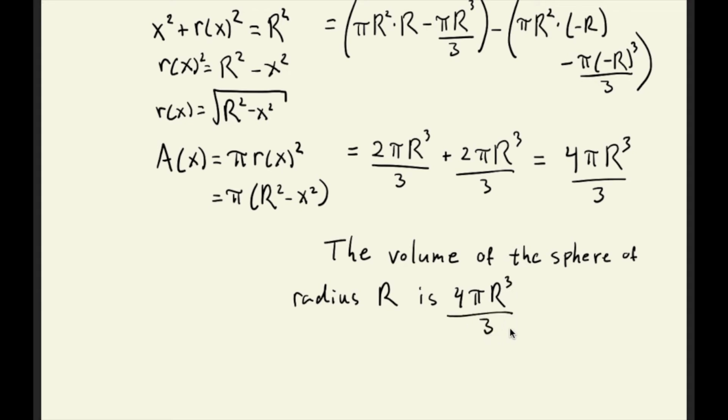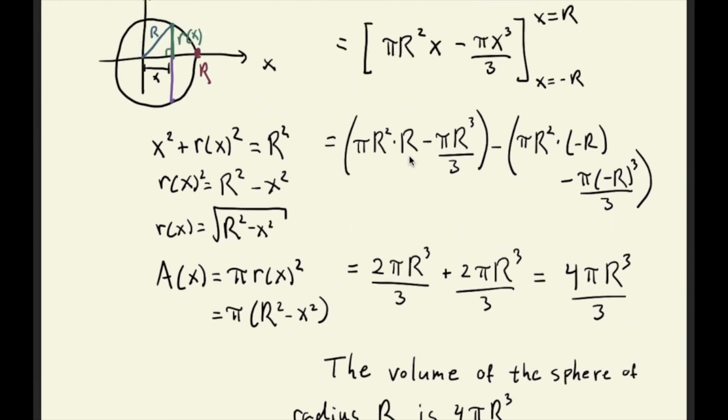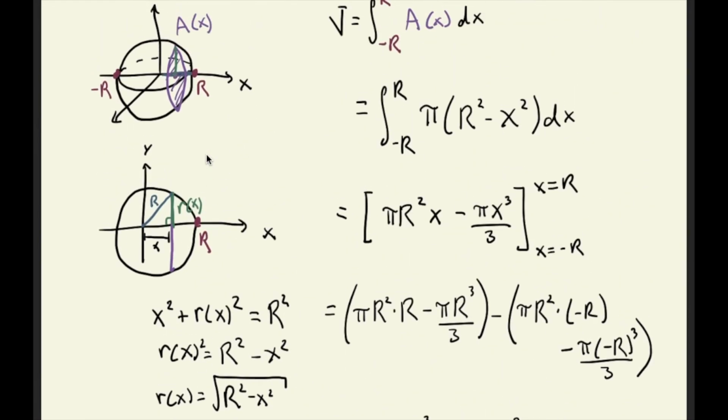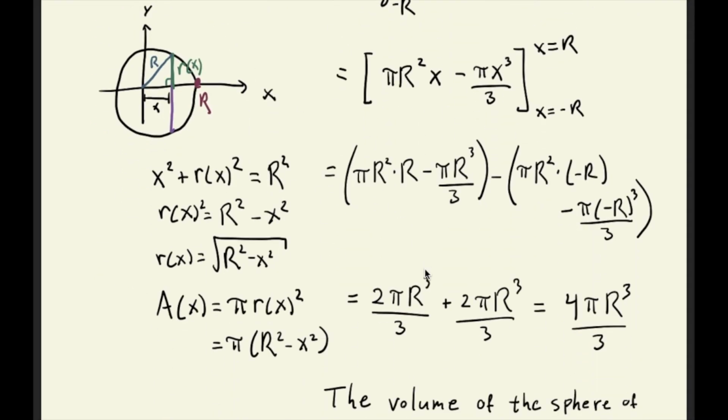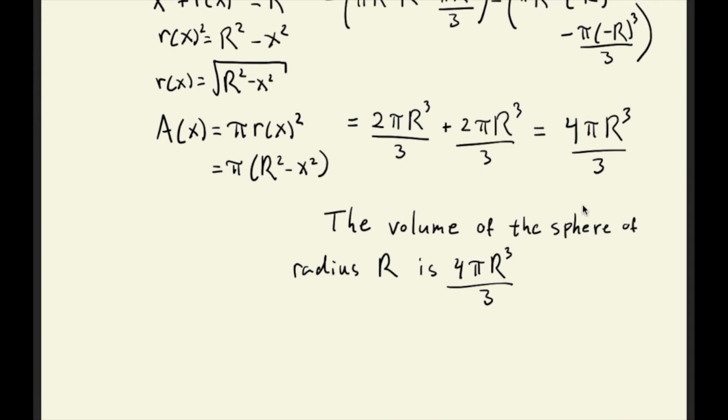Units of volume, whatever they are, right? So if our axes are in units of meter, then that would be 4 pi r cubed over 3 meters cubed. But if the axes are measured in inches, then that would be inches cubed, right? So whatever units of volume. We're not paying too much attention right now to the units of the problem.